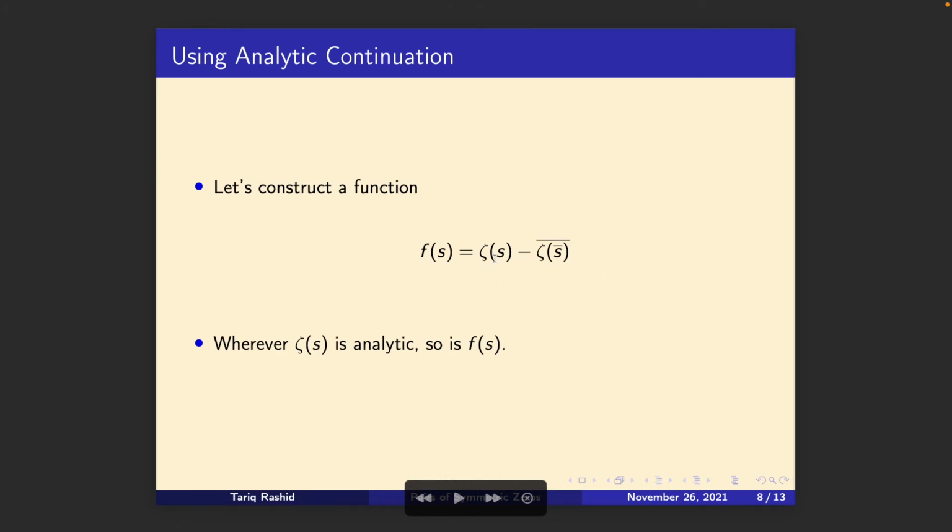On the real line, that series of 1 over n to the s, if we feed it a real number, the output is a real number. And the same here, the complex conjugate of a real number is a real number because it doesn't have any imaginary parts. So these two are the same, and therefore the result is 0.